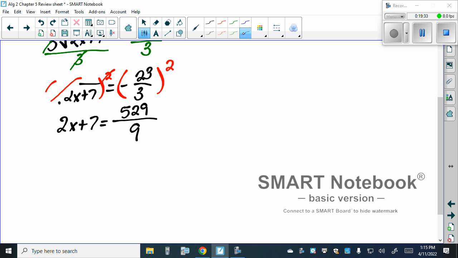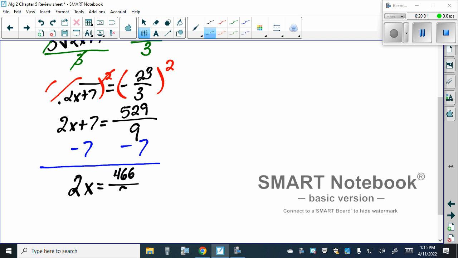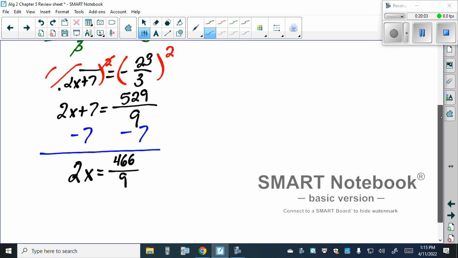Now we just need to solve for the value of x. So subtract 7, which will give us 2x by itself. So we can do 529 over 9 minus 7, which gives us 466 over 9.